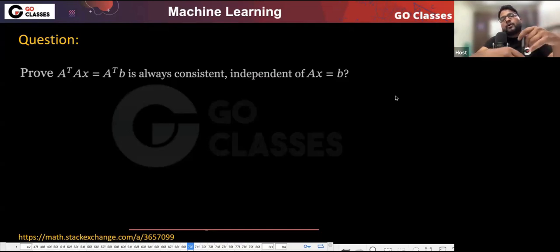Intuitively, because this x here, or maybe if you want the solutions, you can write x cap. Actually, this is just the name of the variable, x or y, doesn't matter, right? Because this x is giving you the projection, and projection always exists. So that's why this is always consistent. So intuitively, what is the answer?